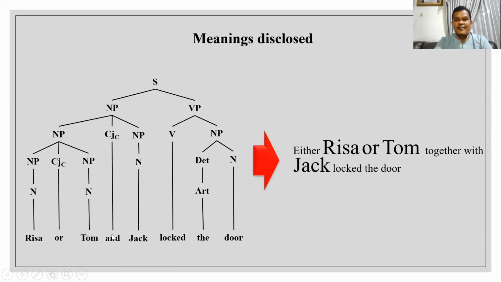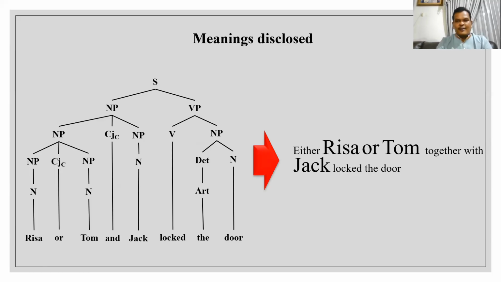So we can say that the meaning disclosed by this diagram is either Lisa or Tom, either one of them, together with Jack. So Jack must be involved, together with either Lisa or Tom.